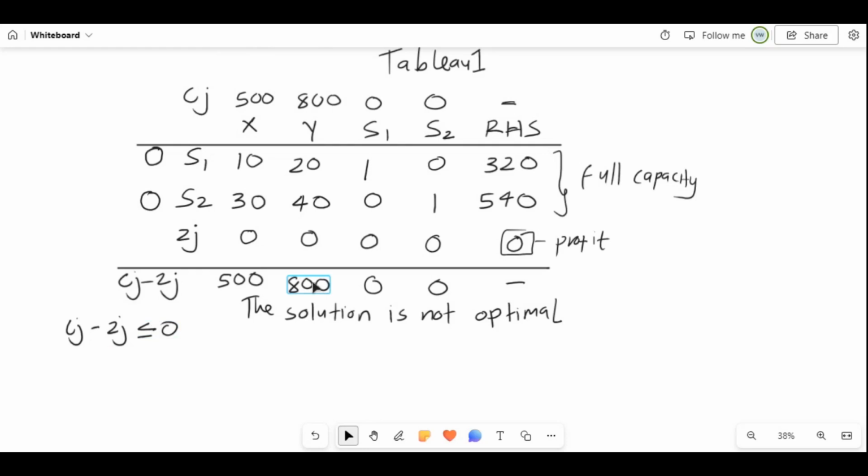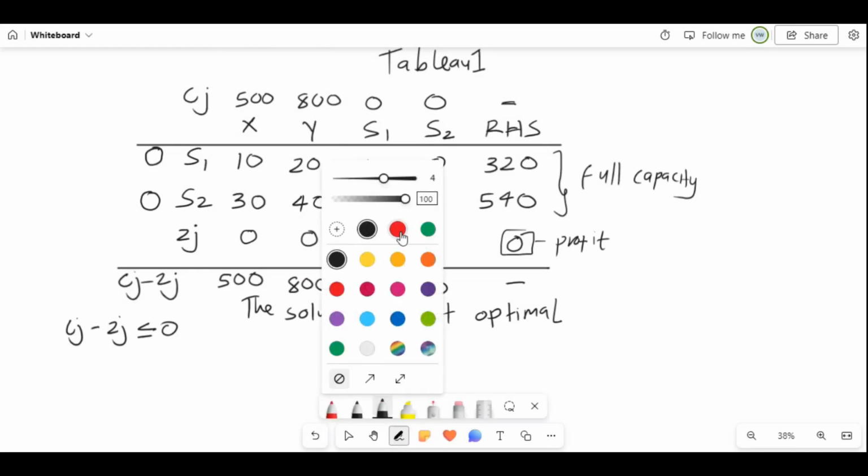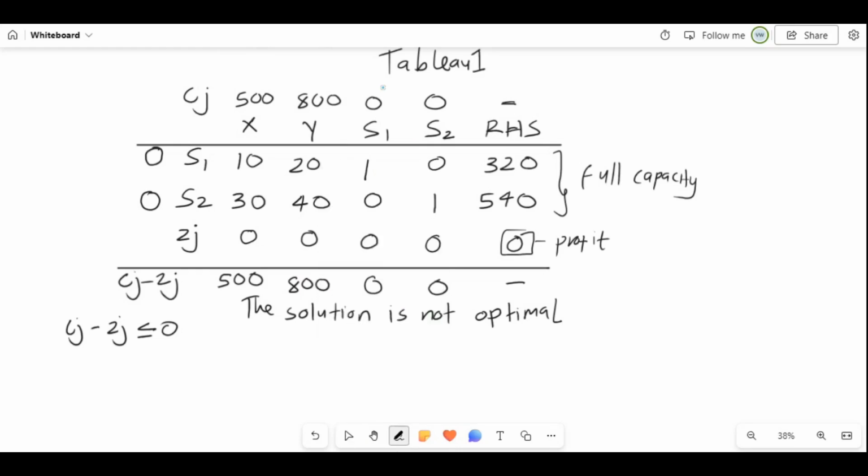Because 800 is my highest value, my pivot column will be column Y. So this will be the pivot column.